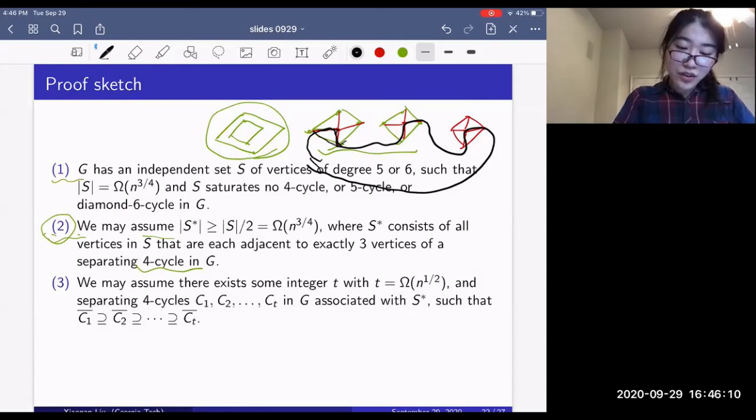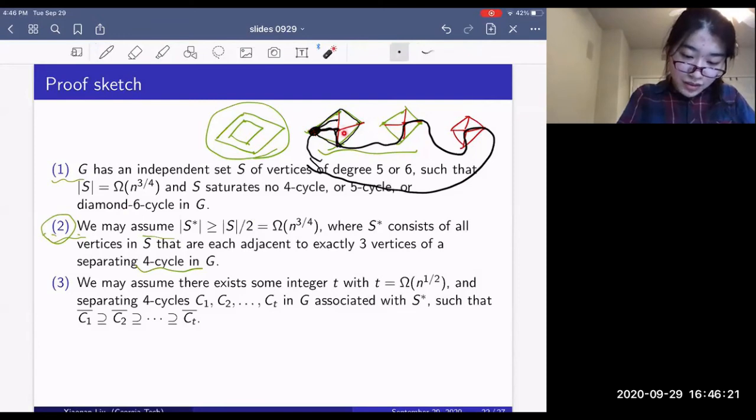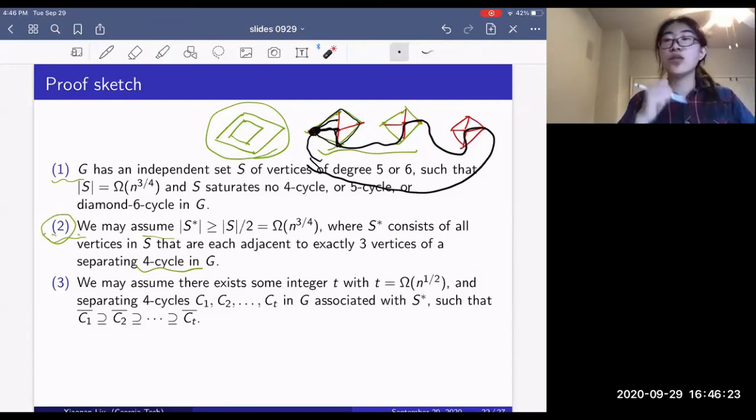We know that in G there are at least 2 Hamiltonian paths between these two vertices, so we can also get the factor of 2 in the bound.